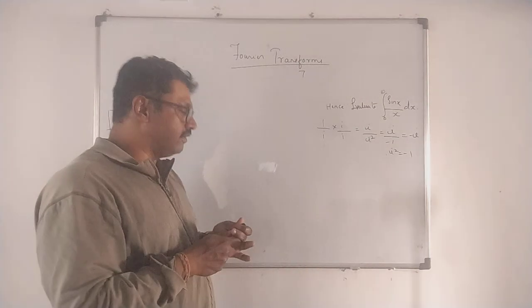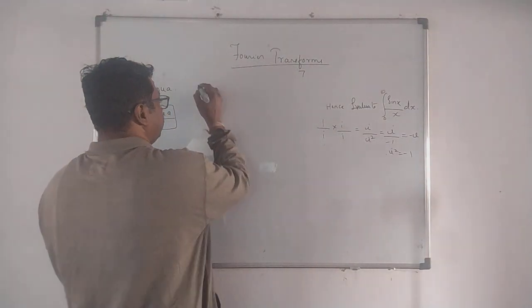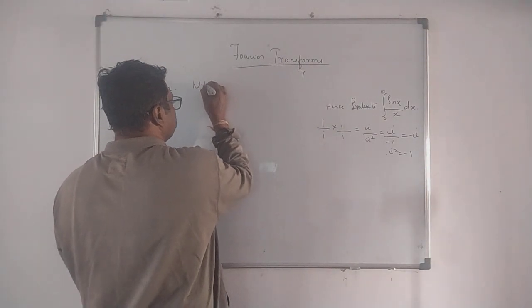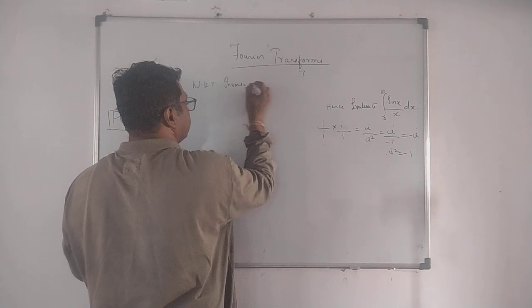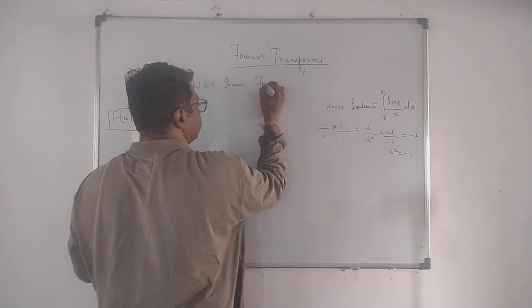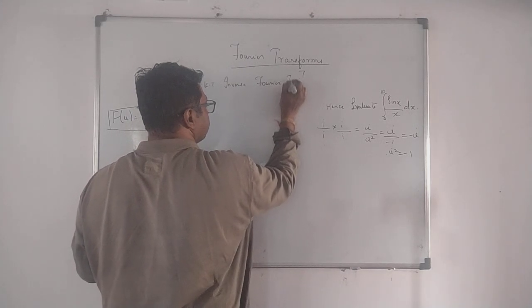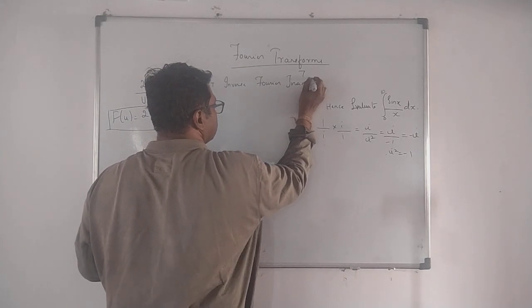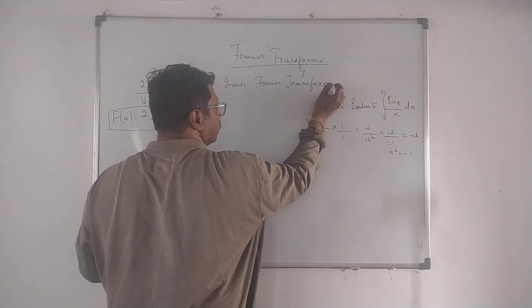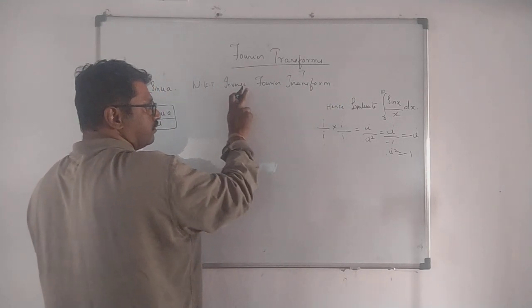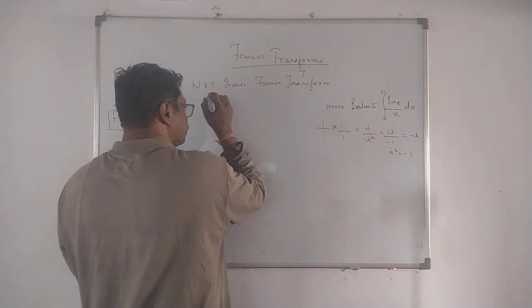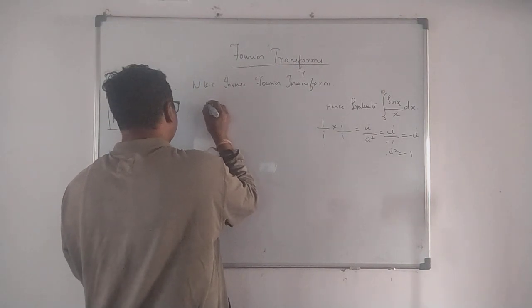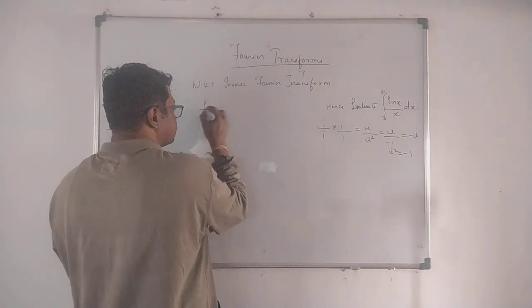So what I will do is, now we know the inverse Fourier transform is from 0 to infinity. You should know that. What you have to get is the function back, f of x.